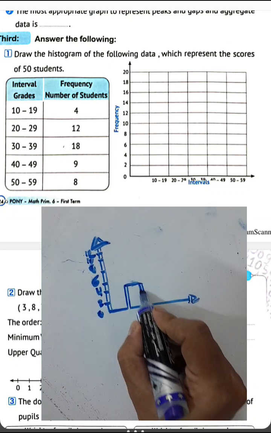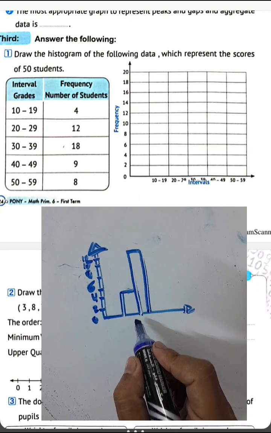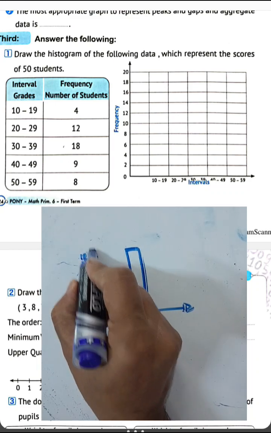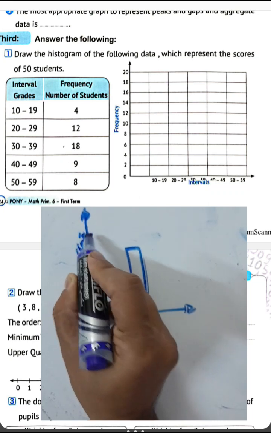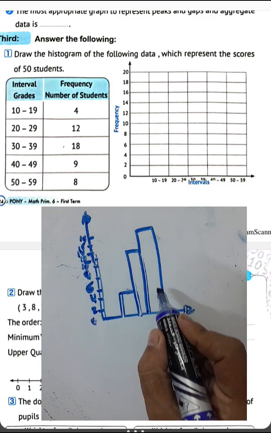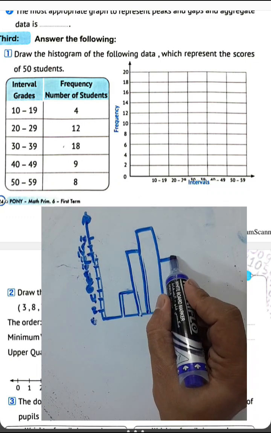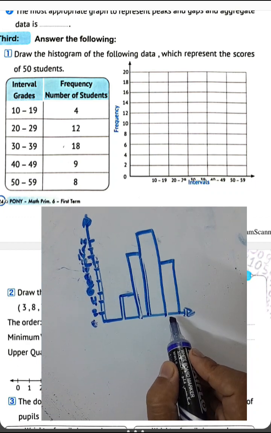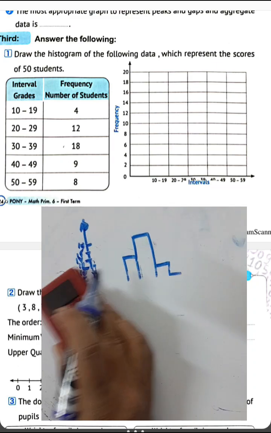Second interval to 12, third interval to 18, complete to 18 here. 14, 16, 18, and 9 lies between 8 and 10, and 8 here. Okay.